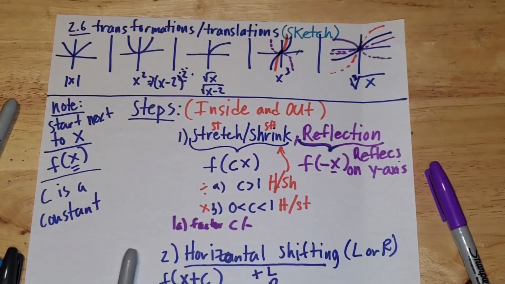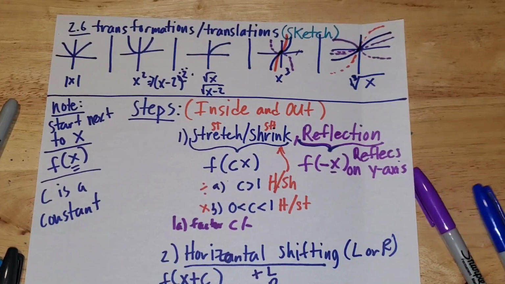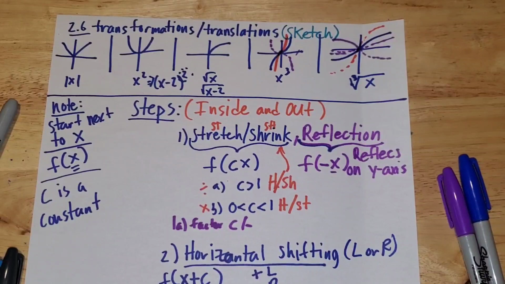Intuitively, you would think positive means right and negative means left, but this is what I mean by horizontal shifts working backwards from what you think they should be doing. So that's the main thing about horizontal shifting. Just make sure you watch out for whether it's inside or outside and those negatives, because you might get confused seeing all these different videos and stuff. So you want to make sure you're focusing on this: the horizontal shift.